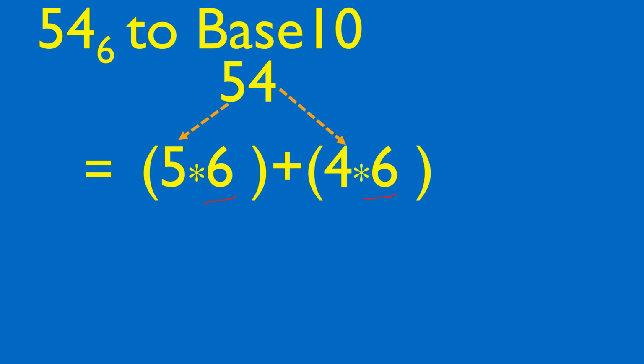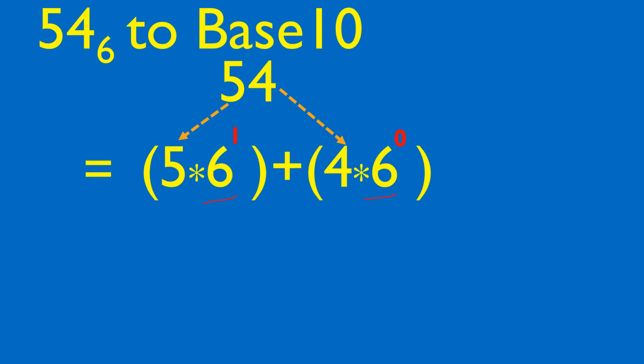Now the next thing to do is counting from the right hand side. We will assign an index, or an exponent, or let's say a power, to the base number. So starting from the right hand side, we will start from 0 and then move to the left hand side, and then we add 1.